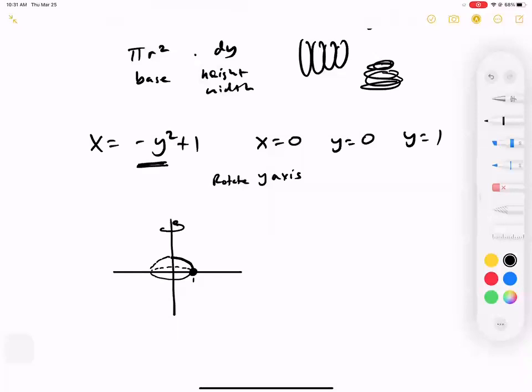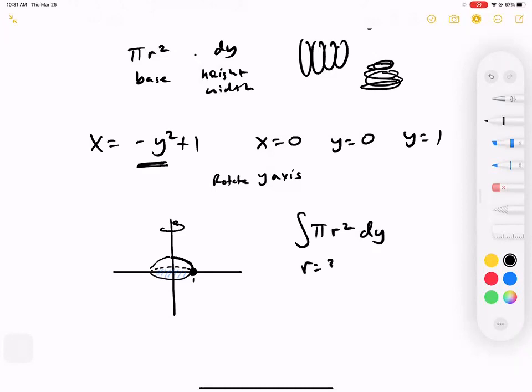Now, what is the shape that we're trying to define the area of? This is, again, a circle. We follow our equation, pi r squared. Integral of pi r squared. We're going to be going in our y direction, so we're going to say dy. Now, your goal is to find that radius equation.